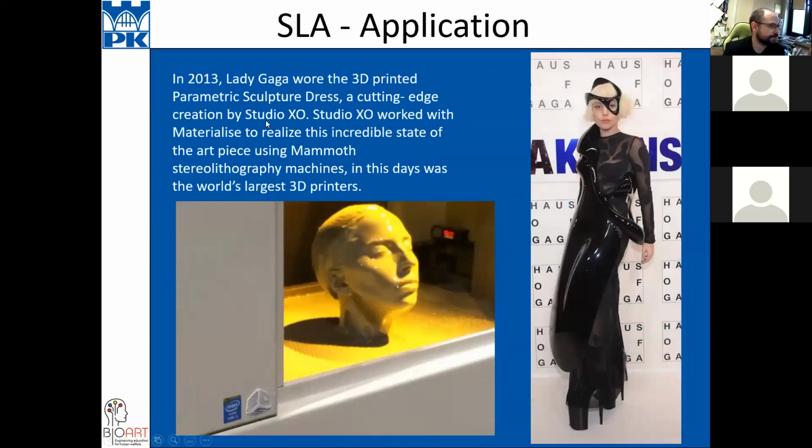Fun facts: in 2013, Lady Gaga wore the 3D printed parametric subtle dress. This dress is printed from resin, and they also printed the head of Lady Gaga. This is a kind of fun fact.